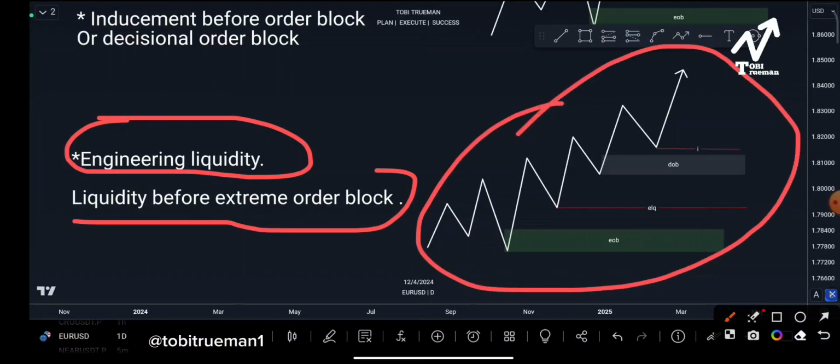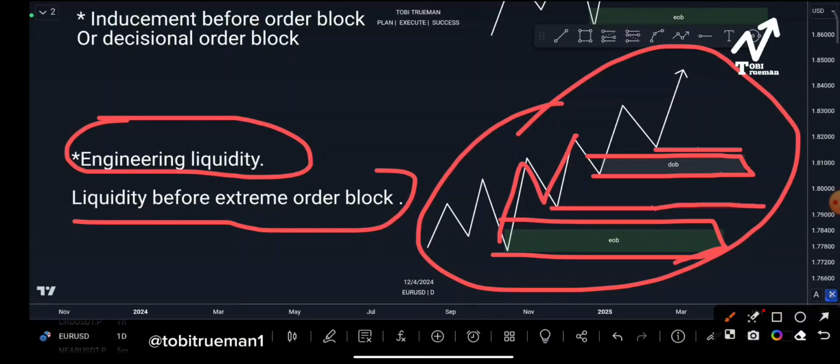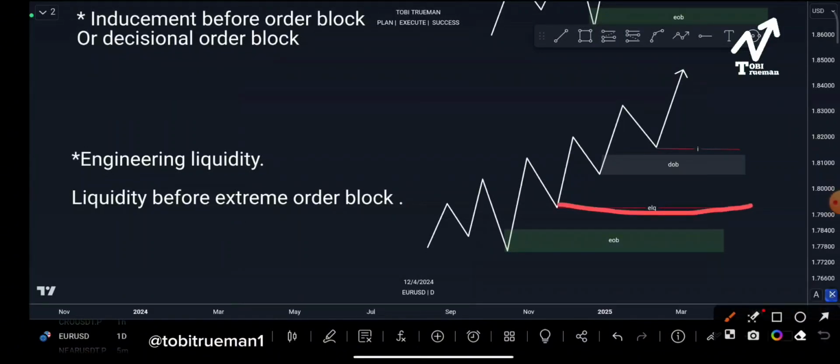After price has taken inducement, the first order block after inducement will be our decision order block. Then the last order block will be our extreme order block. The valid pullback before that extreme order block is known as our engineering liquidity. You can see I marked it as red, and inducement.